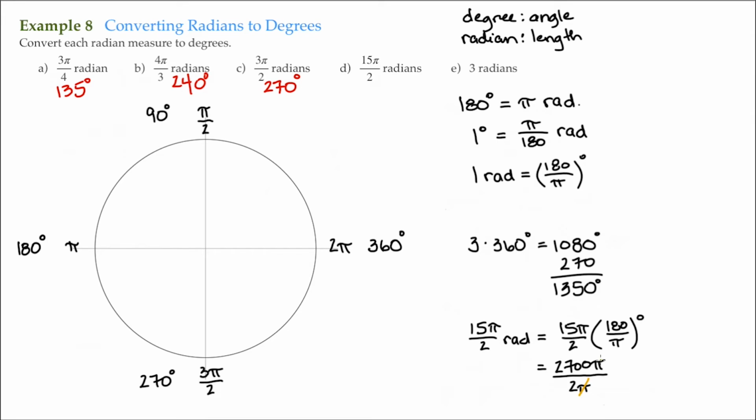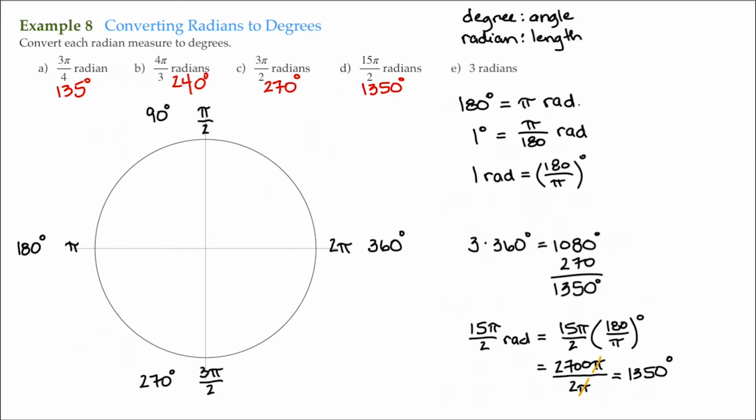The common factors of pi will cancel. And of course, 2,700 divided by 2, that's 1,350 degrees. So this is 1,350 degrees. And again, you can have something more than 360 degrees. It's just telling you how many times it went around.